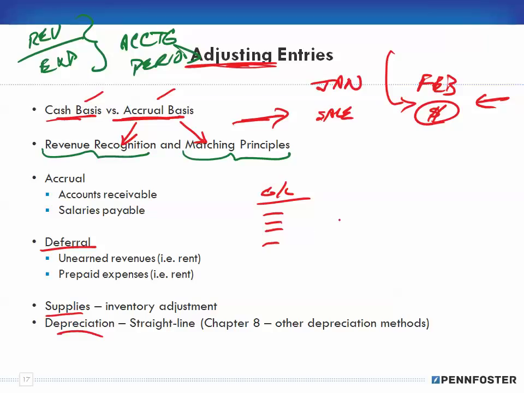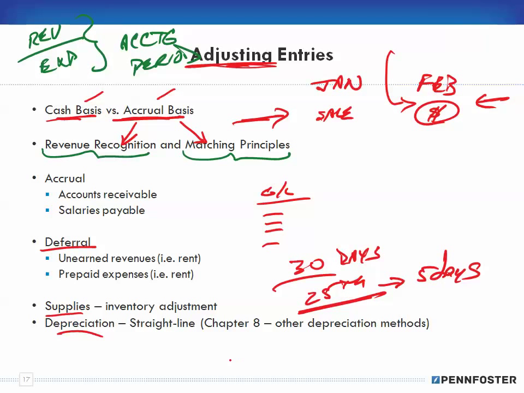For example, let's say there's 30 days in the accounting period, right? It's monthly, and the last time anybody was paid was on the 25th. Well, that means there's 5 more days that haven't been accounted for, right? Because we paid payroll on the 25th, but what about those remaining 5 days? Well, when we're doing the accrual basis, those 5 days need to belong in the previous accounting period where the revenue has been recognized.